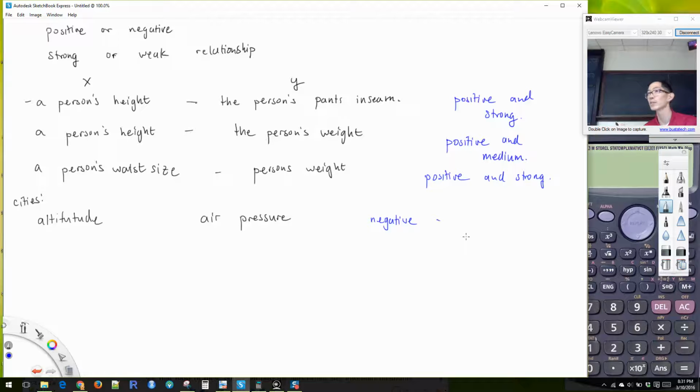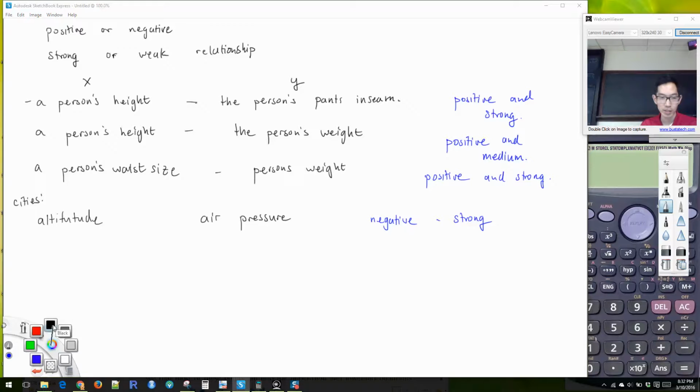Good, right? We would be able to make good predictions about the air pressure. In general, if you know the city is at this altitude, you can pretty much predict the air pressure there fairly well, okay? Of course, from day to day, the pressure could change a little bit, but not very much, okay? So this would be a strong relationship.